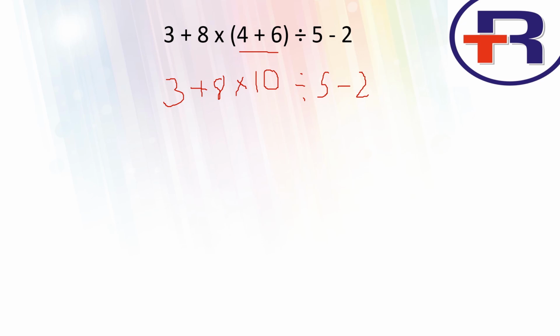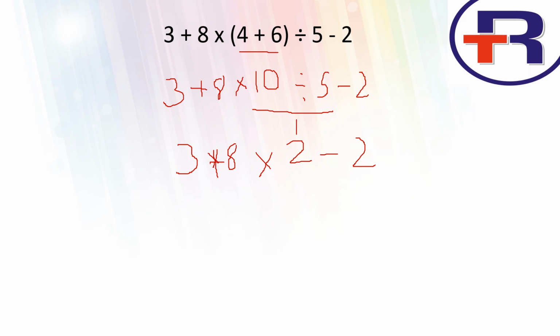Is there an indices? No, there isn't, but there's a division, D, 10 divided by 5. 10 divided by 5 is 2. So we rewrite the sum, 3 plus 8 times 2 minus 2. That's what the sum now looks like.